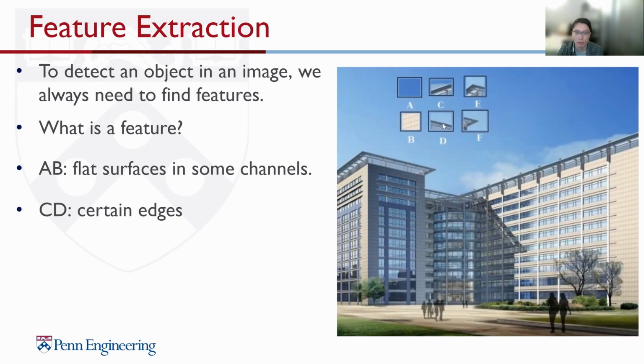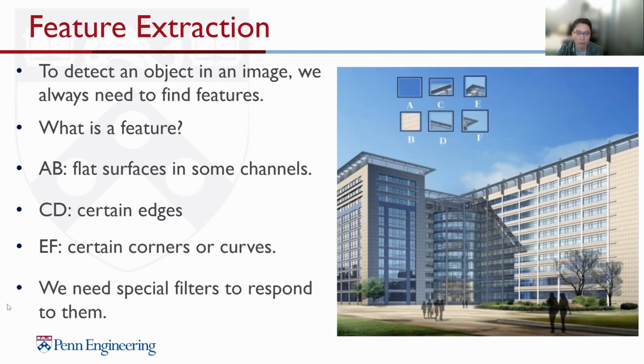For CD, we can see there's a clear edge over here. For EF, we can see there are 2 edges that form a corner over here. So these are called features, and we need to make special filters to respond to them.